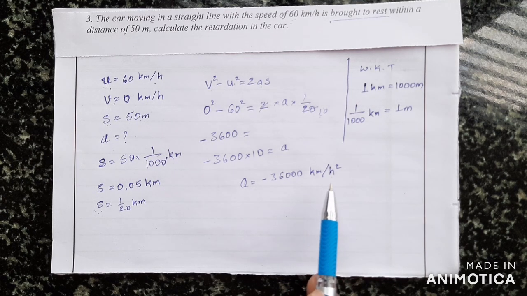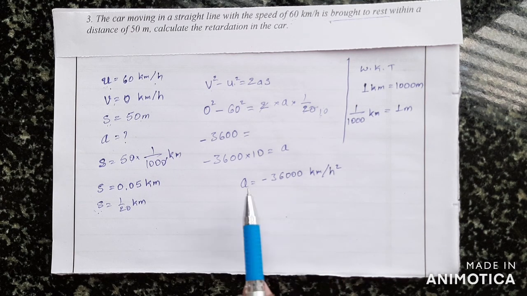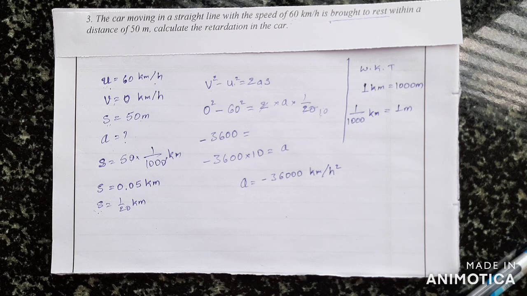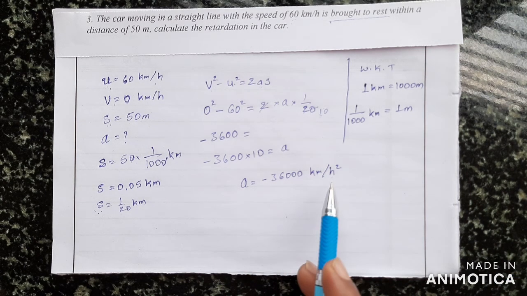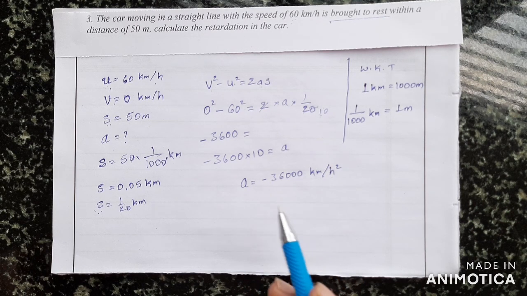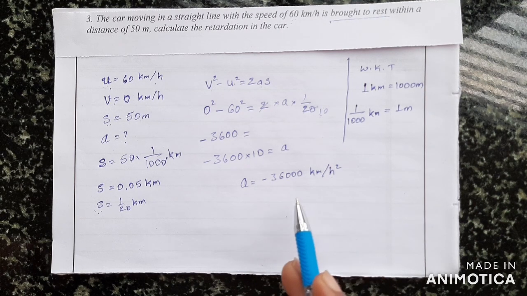Okay, kilometer per hour squared. That's why this big value is coming here. Huge deceleration. And you can convert this kilometer per hour squared into meter per second squared also, but not necessary.